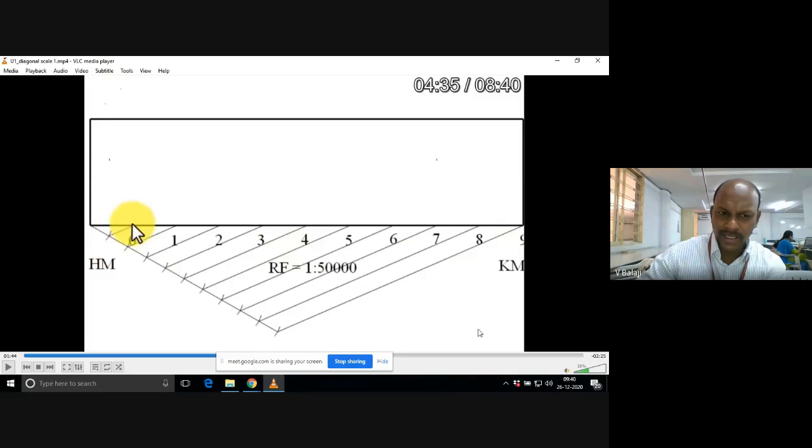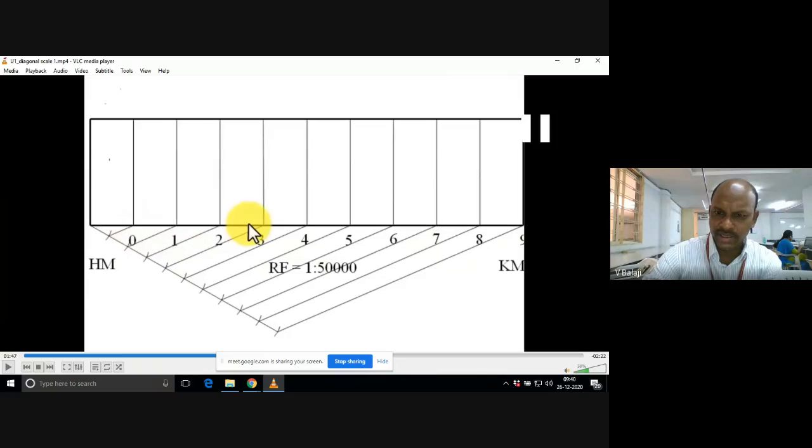Now, the next important step is, you draw some vertical lines. So there are 10 equal parts on the scale, right? Each part will represent 1 kilometer. Now, we have left one part to the left-hand side of the 0 mark.